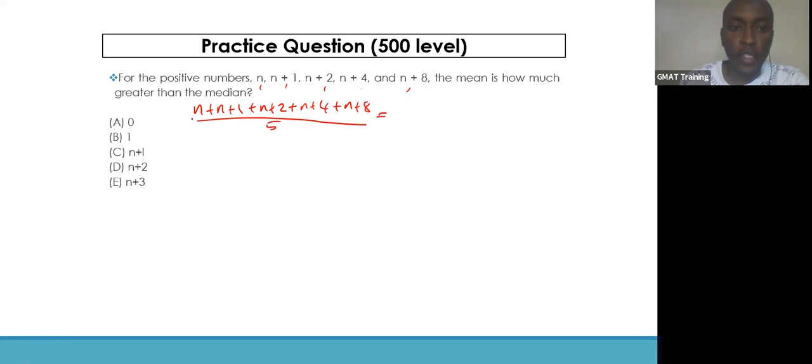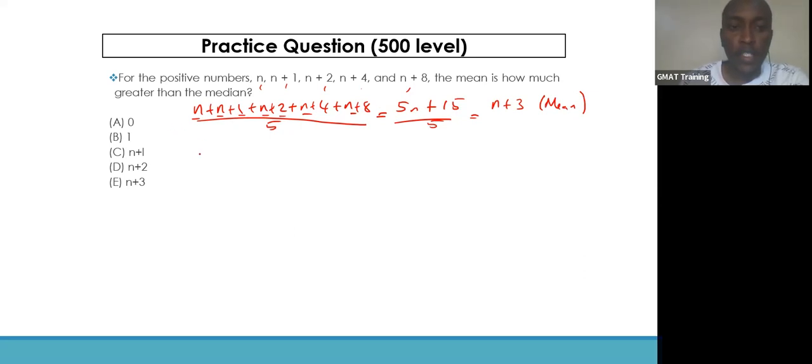Okay, let's add these n's, 1, 2, 3, 4, and 5 n's, plus 1 plus 2, that's 3, 3 plus 4, that's 7, 7 plus 8, that's 15, divided by 5. Take a factor of 5 from the numerator, that's n plus 3, and the 5 cancels out. That's the mean. What about the median?